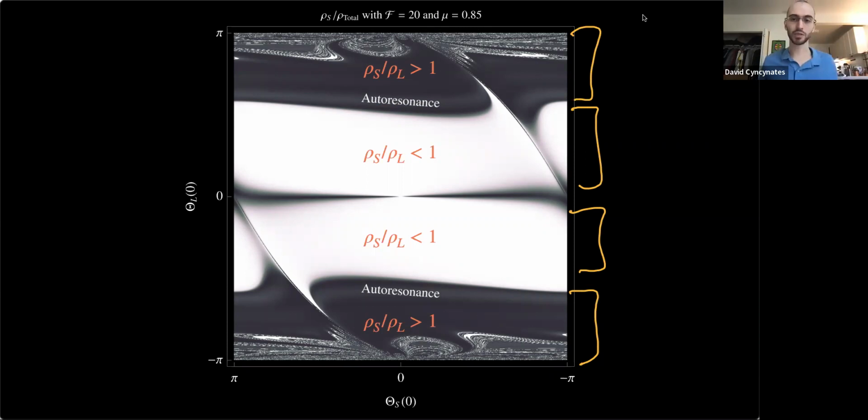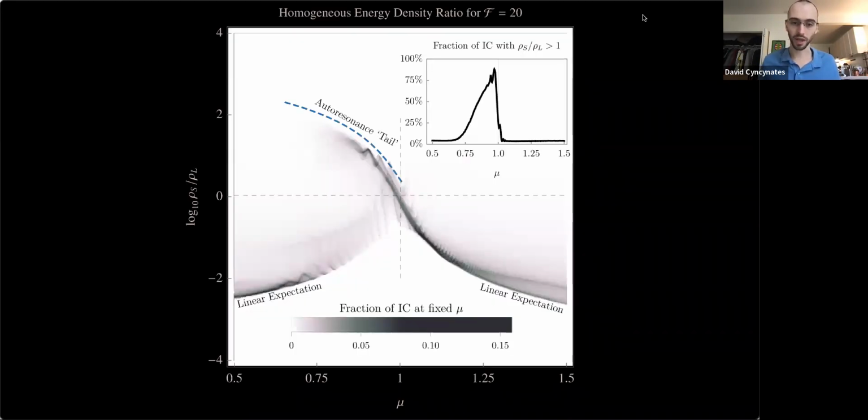But now what happens if we want to understand the fraction of autoresonant parameter space as a function of mu? Well, to understand that, we can look at the following plot. It looks a little complicated, but again, I assure you it's quite simple. So on the vertical axis, we're plotting the ratio of the short to long final energy density ratios, measured again at some late time after energy density transfer has stopped.